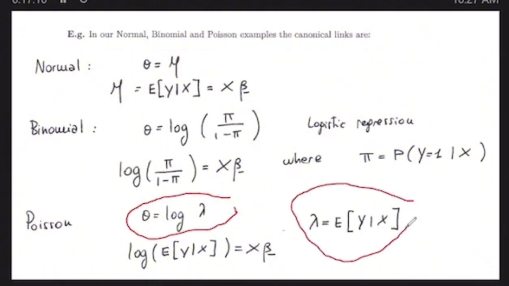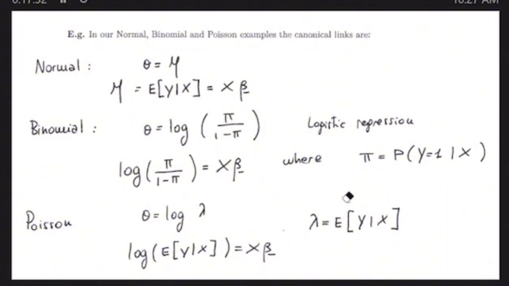We know in the Poisson distribution the mean is lambda, and in the Poisson regression model, it's going to be log of lambda equals x beta, where lambda represents the expected value of y given x. That is what we did on Wednesday.